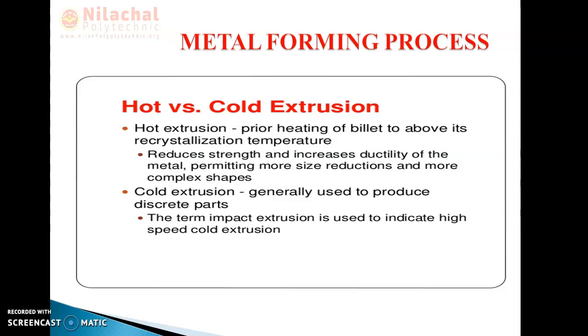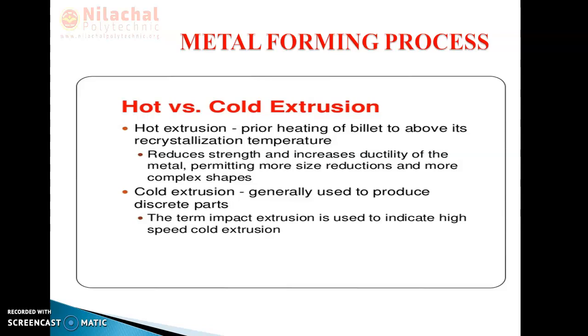In the hot extrusion process, the metal billet is heated above its recrystallization temperature and put into the chamber. After putting the hot billet into the chamber, the ram forces the metal billet to pass out through the die. So it is simply termed the hot extrusion process.